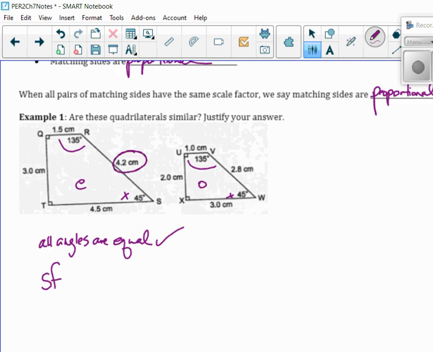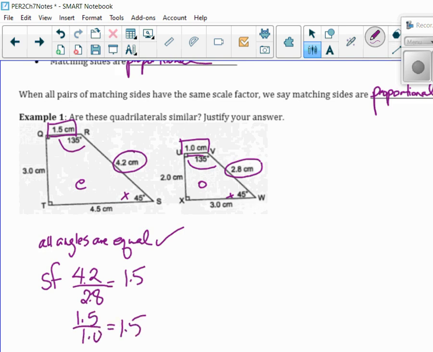I'm going to compare 4.2 divided by 2.8, and I get 1.5. I'm going to compare 1.5 to 1, I get 1.5. I'm going to compare 3 to 2, and I get 1.5.